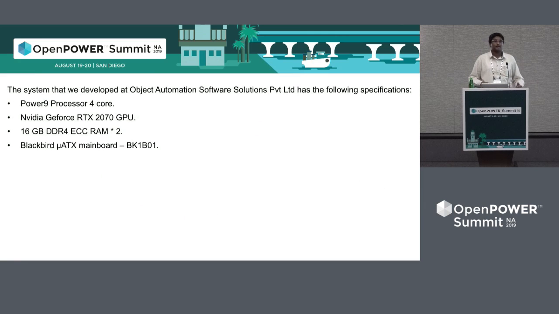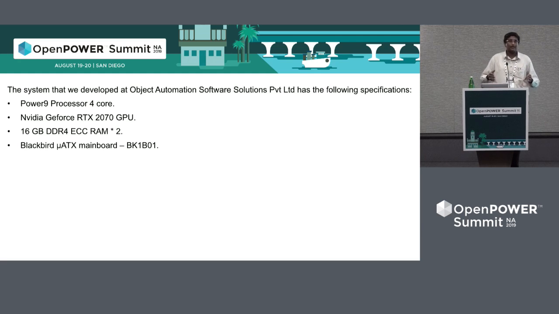So the system that we developed at OA was powered by the IBM Power 9 processor, which was 4-core, and it was also powered by the NVIDIA GeForce RTX 2070 GPU. NVIDIA was kind enough to provide us with the libraries that would help us to integrate with the Raptor motherboard, the version called Blackbird.